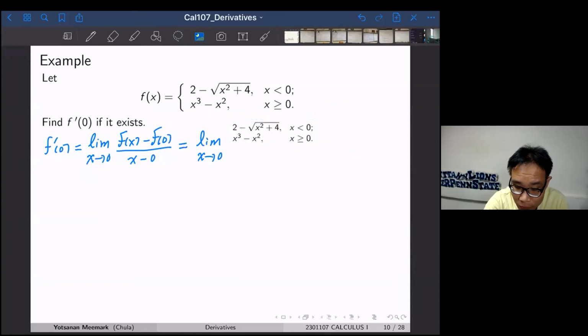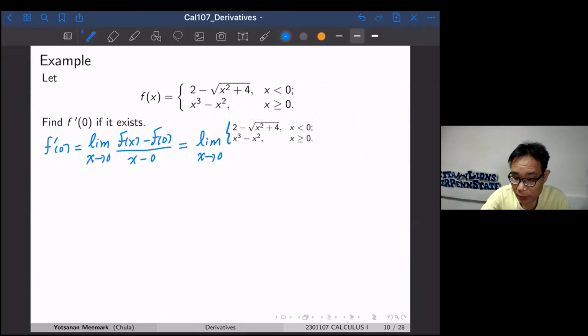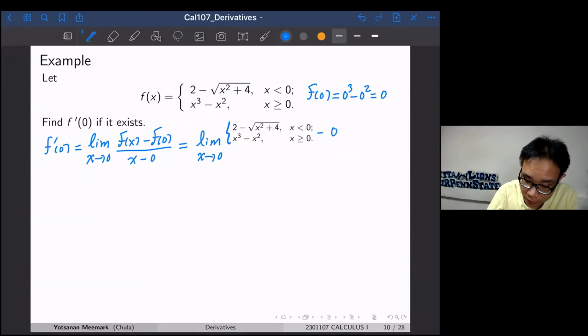Okay, so for this one, you get your function like this, and it's going to be minus f(0). So minus f(0) equals 0 cubed minus 0 squared, equal to 0. Okay, and so you get 0 here, and everything will be over x.